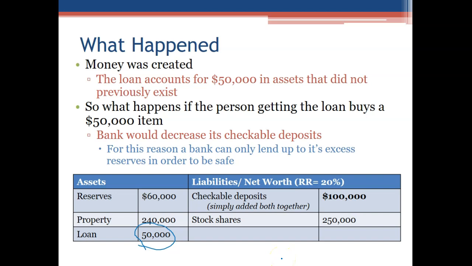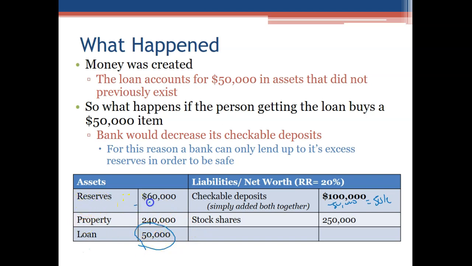What happens if this person actually uses the money? Well, what we're going to talk about next is that this money gets withdrawn. So we're going to subtract out that $50,000. They're still going to have $50,000 worth of checkable deposits over here. Where does it get taken out? I can't take it from the loan, that's not actual money. I have to take it out of the reserves.